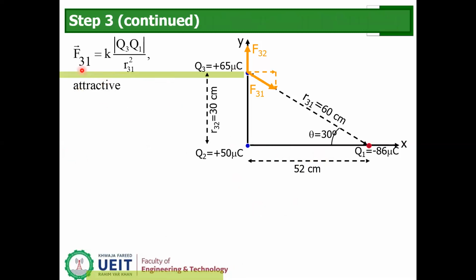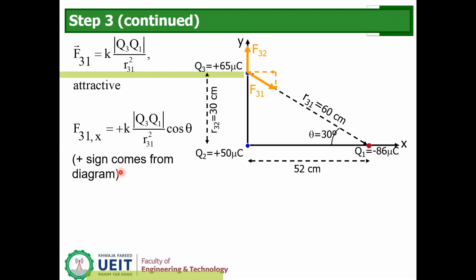This force F31 is equal to K Q3 Q1 over R31 squared. This force will be attractive. So these point charges show an attractive force. F31 along the x-axis will be equal to plus K Q3 Q1 magnitude over R31 squared times cos theta.